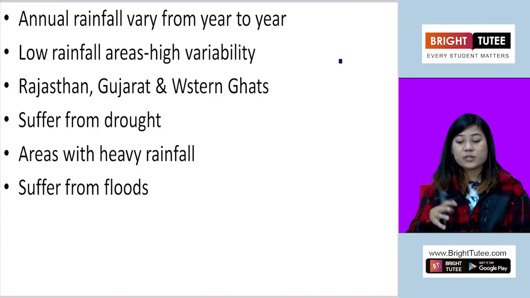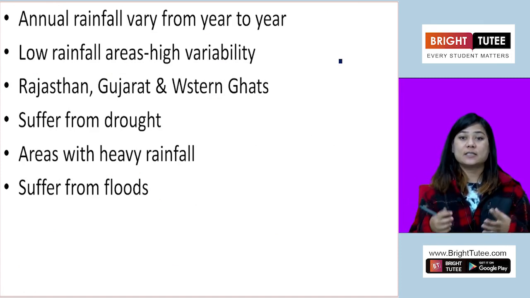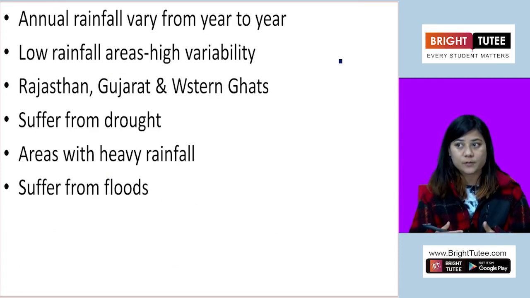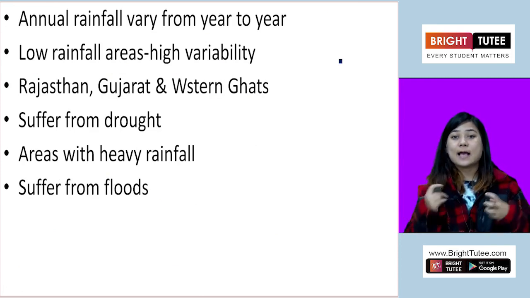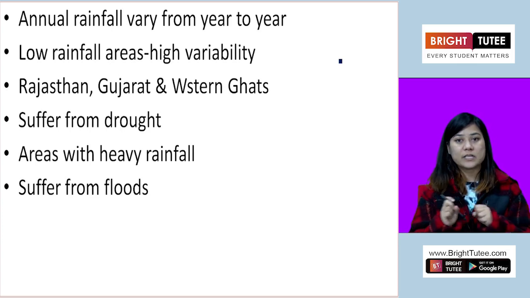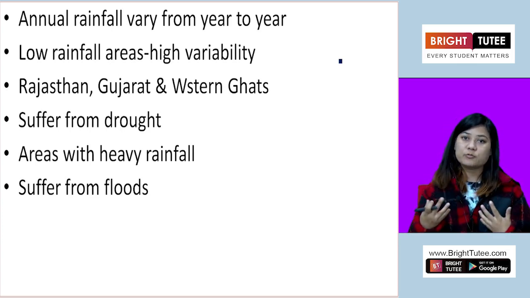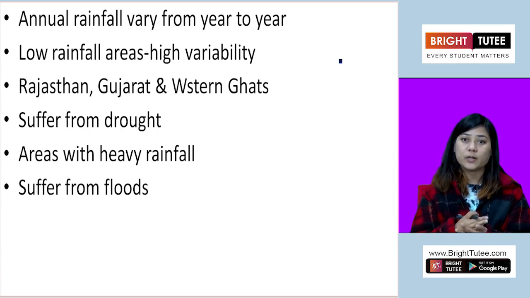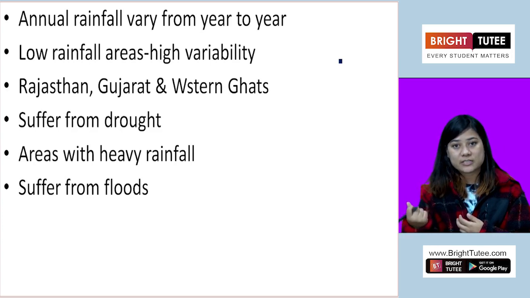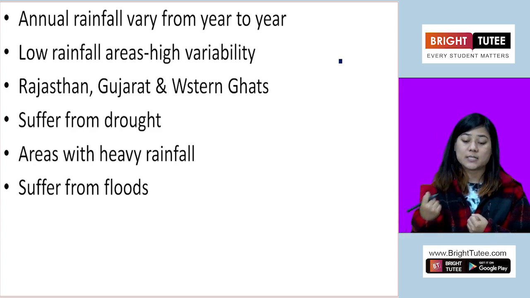Now, when we say that India receives rainfall, and we look at how different parts of India receive rainfall, we saw it is not equal. The distribution of rainfall is not equal. Some parts receive heavy rainfall while other parts receive very scanty or very little rainfall.